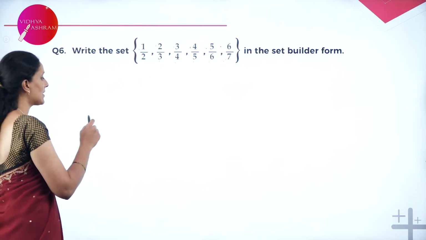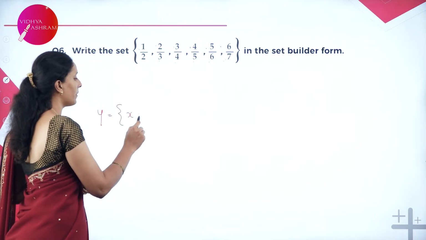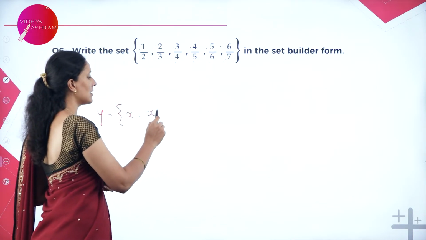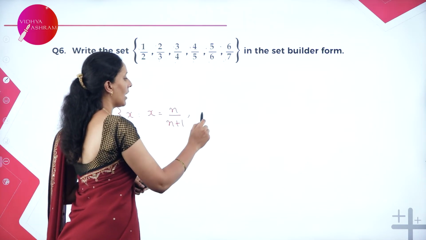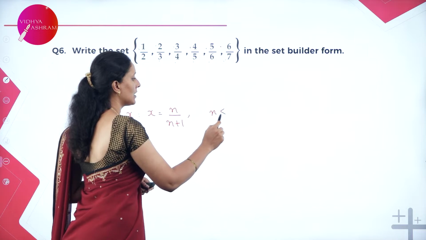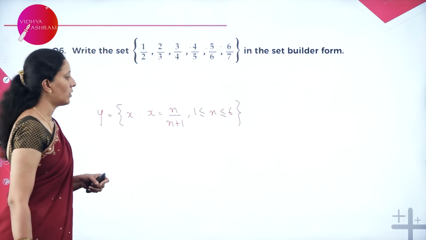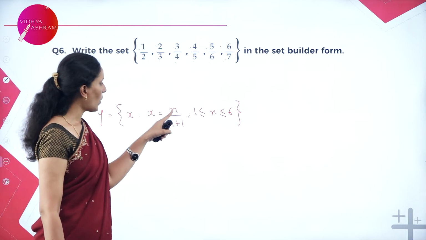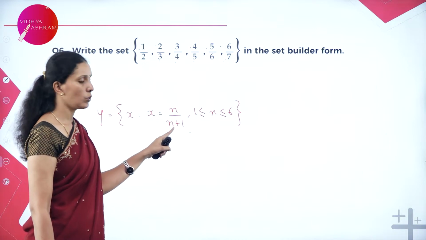So I will write this set as y is a collection of all those elements such that x is equal to n by n plus 1, where n is between 1 to 6. So if you take the value as 1 here, it is 1 by 2. If you take the value as 2 here, it is 2 by 3.